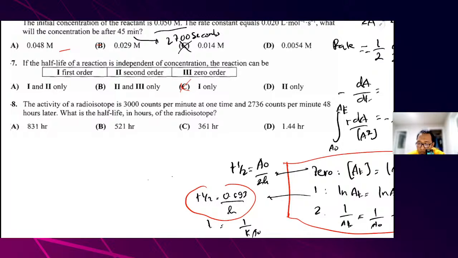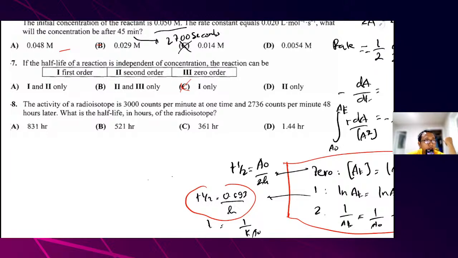Okay. Right. Number 8. The activity of a radioisotope is 3,000 counts per minute at one time and 2,700 counts per minute 48 hours later. What is the half-life in hours of the radioisotope? Okay. So now we have half-life from decay.